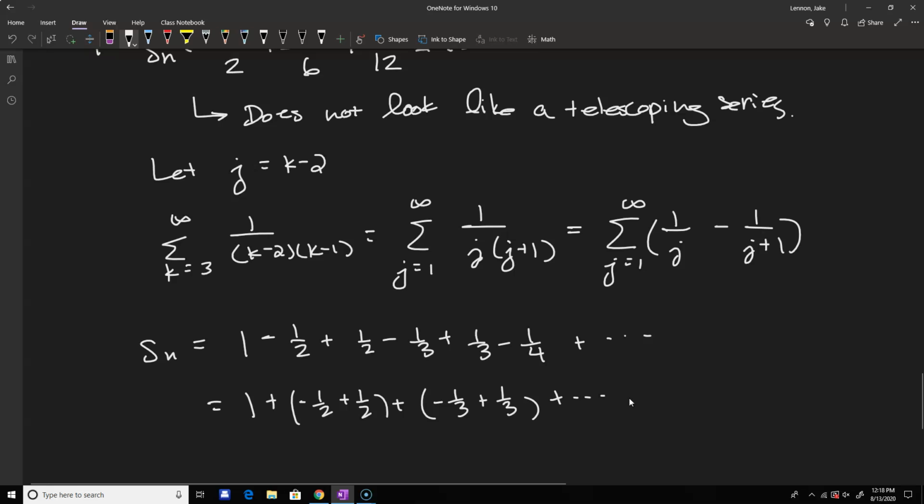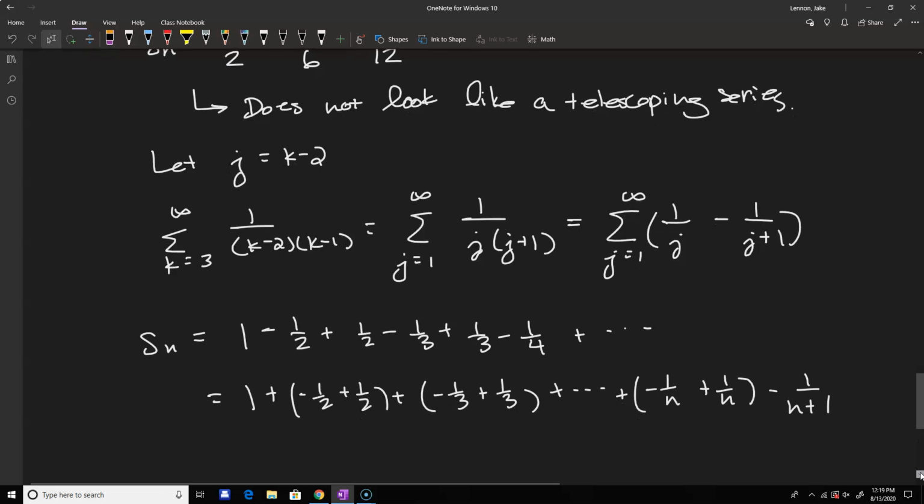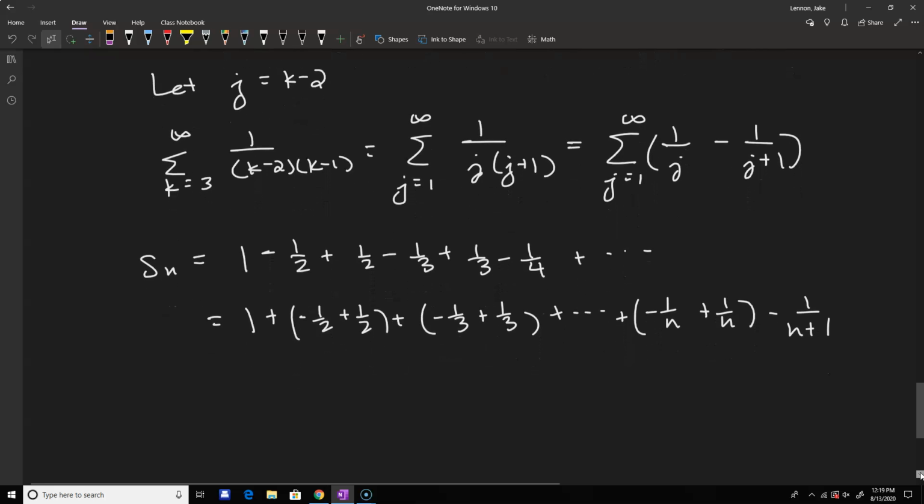Technically it would be the 1 over n, right? So we're plugging in n, so we would get a minus 1 over n plus 1 over n, and then we would get minus the 1 over n plus 1 for the very end of it. And everything in the middle cancels, so to figure out our series, again, we're just going to take that limit as n goes to infinity.